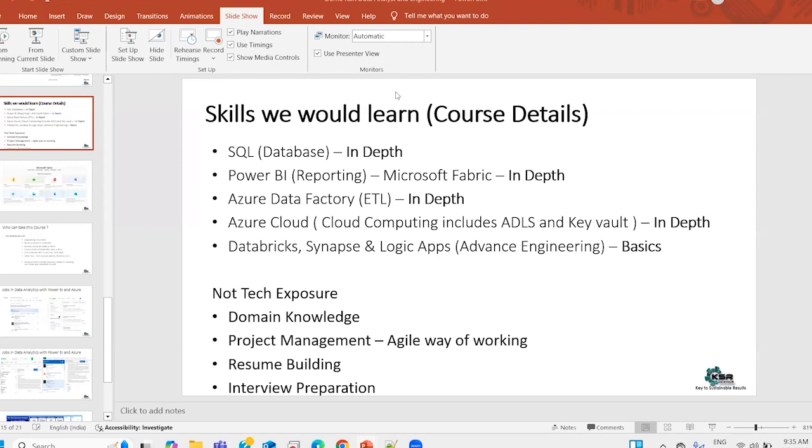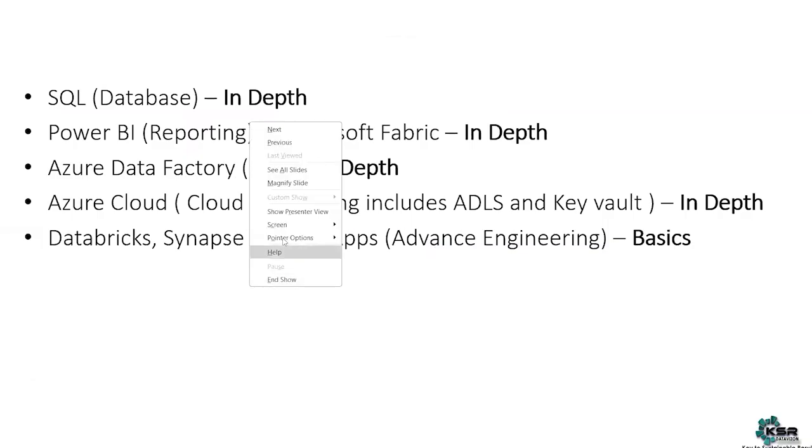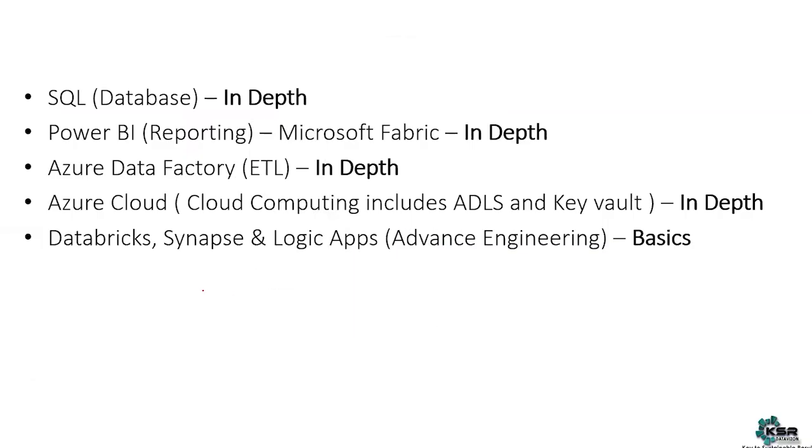Do you feel that we should be doing any certification post the training? Would that be helpful? Yes. If you're targeting any certification, you can target PL 300, Power BI Data Analyst.